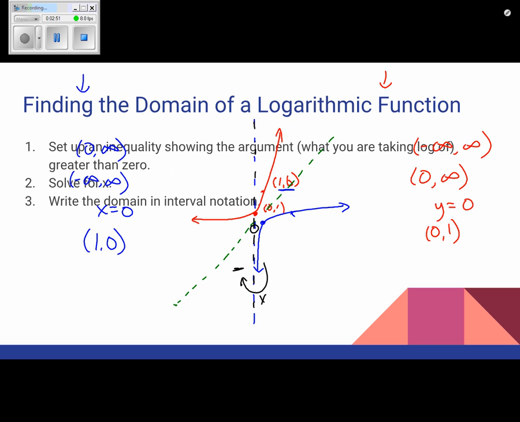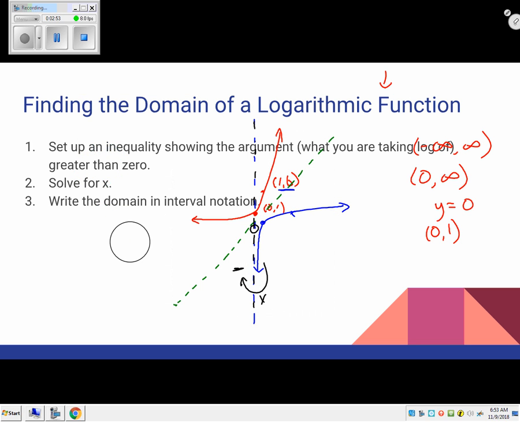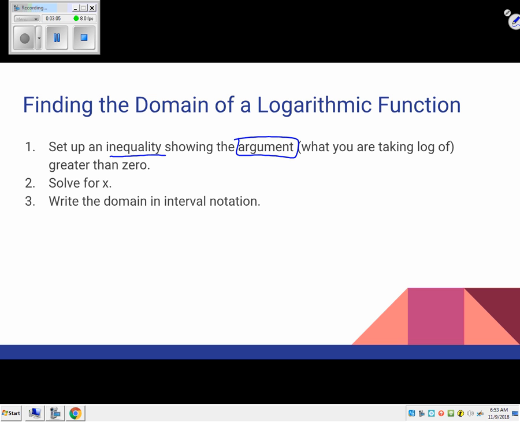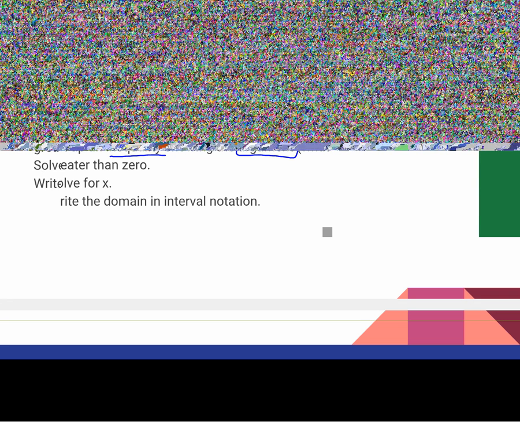And so the first thing we want to do today is find the domain. So when finding the domain, it doesn't matter how nasty of a log function I give you, what I want to do is set up an inequality just with the argument. The argument's what you're taking log of.